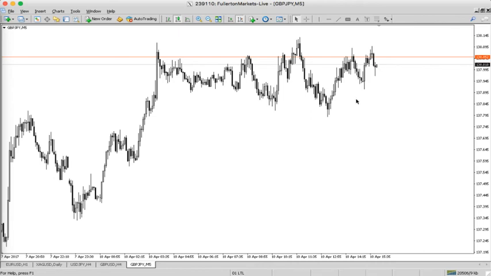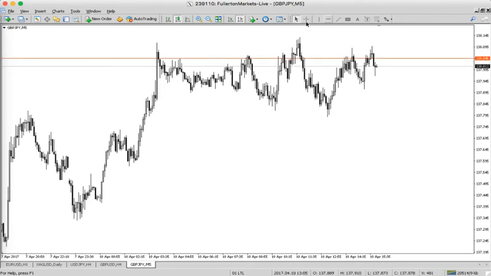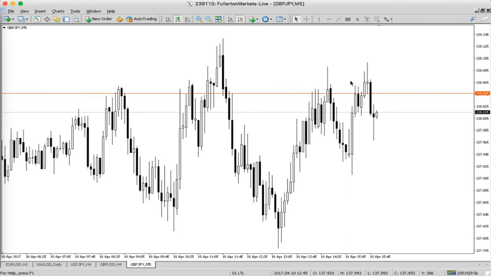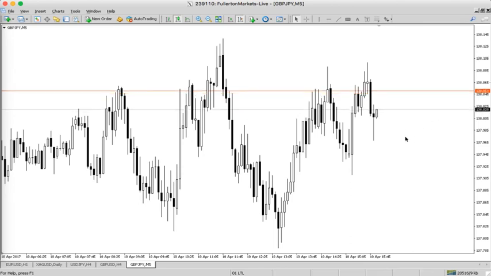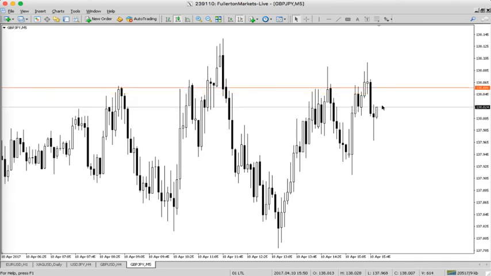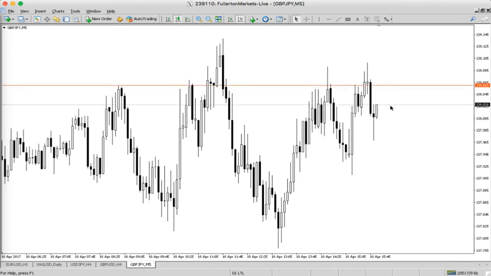Quite a consolidation over there. Okay, as you can see, what I display over here is the spread for pound yen. Okay, the bid and ask price. So anyway, I'm going to zoom in. So when you zoom into low time frame, it may seem the spread is very wide, but this is quite a normal spread for pound yen.